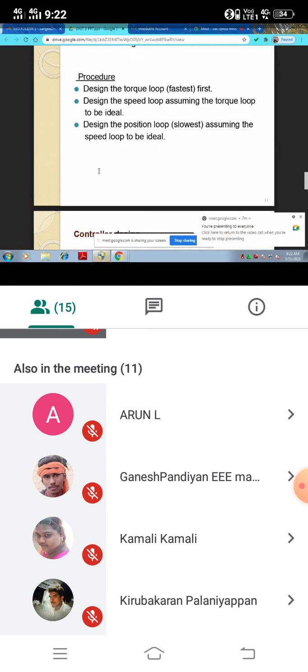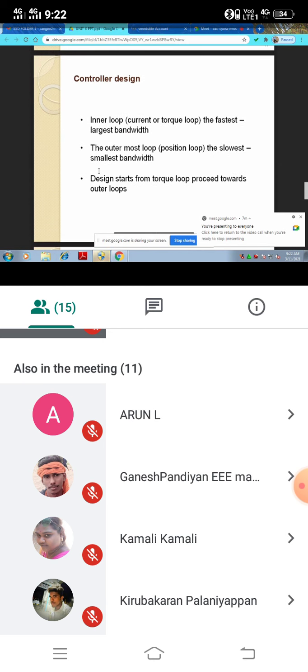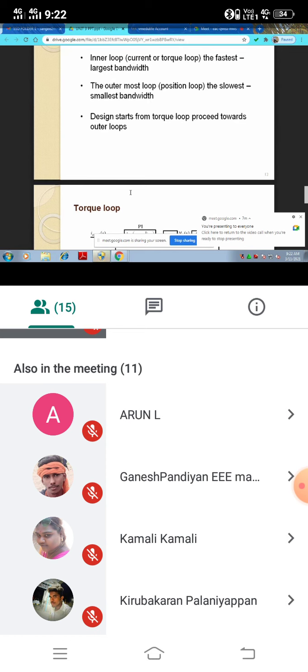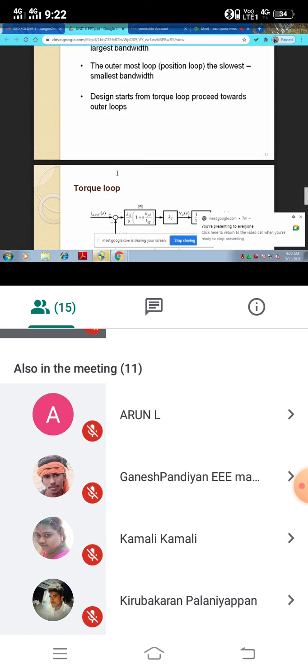These designs are made by the manufacturer and built into the DC motor. Next we have seen controller design. These three topics were explained in more detail in earlier classes, so there is no need to repeat them.